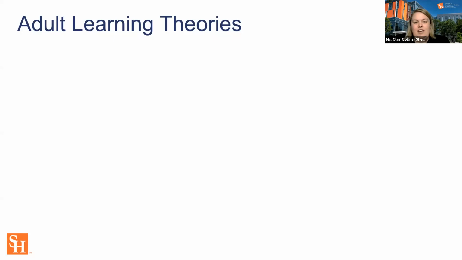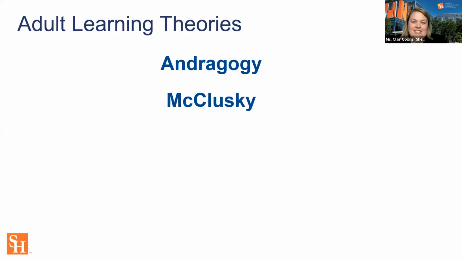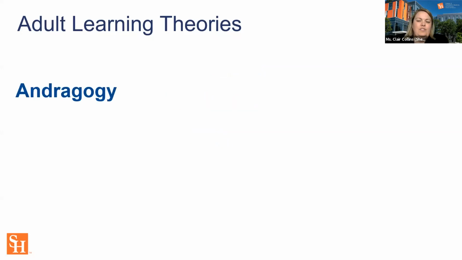When you're talking to anyone in education, whether that be higher ed or medical education, and they're talking about adult learners, you're going to hear these come up a lot. The first one is andragogy, and then we have McClusky's theory of margin, which is a personal favorite of mine, and then we have self-directed learning, otherwise called SDL. These are the three learning theories that tend to get the most play.